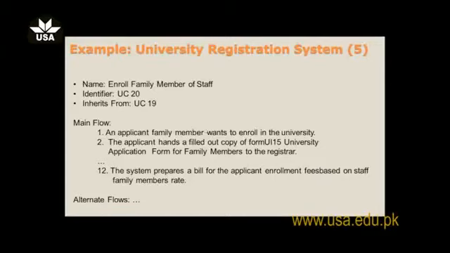So these are all steps, or you can say the flow, of a member or an actor who is part of the university. That could be a staff member, a registrar, an accountant, an HR manager or a student relationship officer. So this is the flow for these types of actors or users.